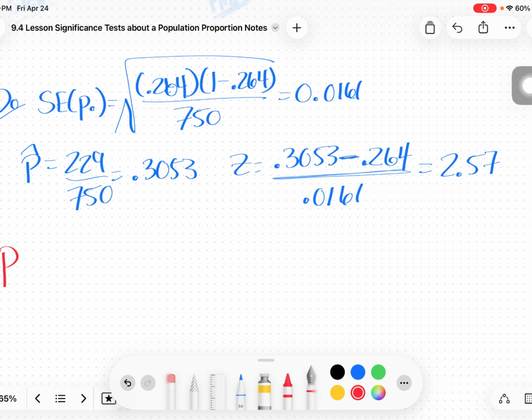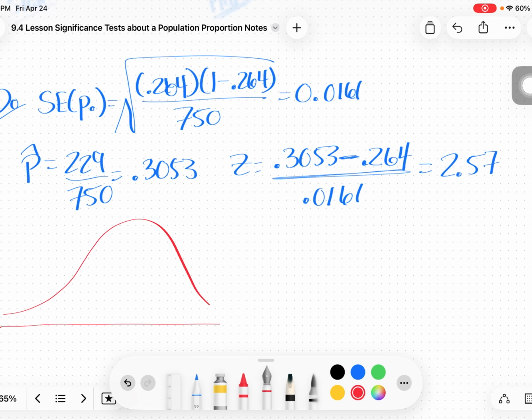So now we need to find a probability, and I'm going to have to give something away in the plan or in the stating phase. So if you haven't already stated your hypotheses, I'm going to give something away. This is a not equals to alternative hypothesis, which makes it a two-tailed test. So when we draw our picture, we're going to have 2.57 over here, and we're going to shade into the right.